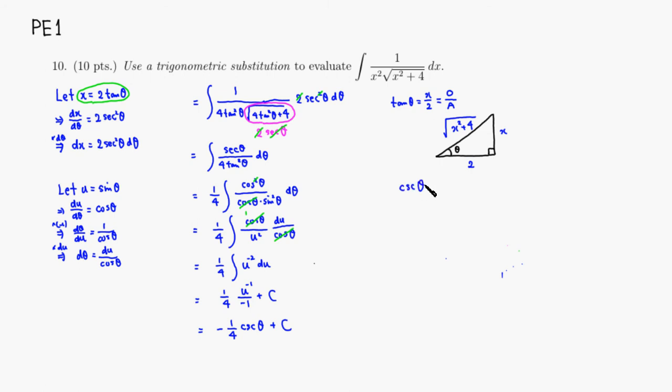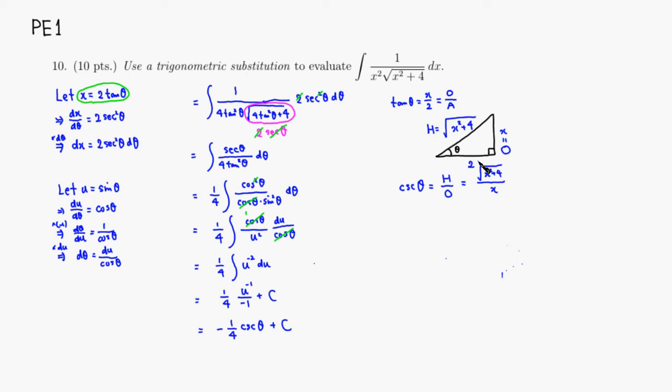If you want to find cosecant of theta, it's a reciprocal of sine, so it's going to be hypotenuse over opposite. The hypotenuse is square root of x squared plus 4, and the opposite is x.